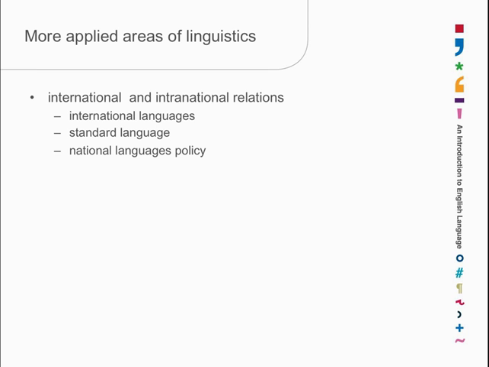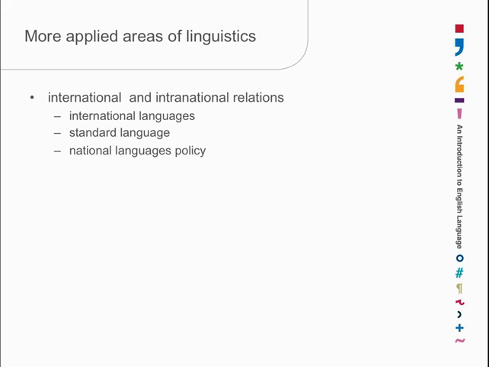It supports the use of community languages from migrant groups, and in Vanuatu there's also a national languages policy, and one of the things you might care to look up is whether your country has a national languages policy and what it actually says about the languages that are spoken in your area.